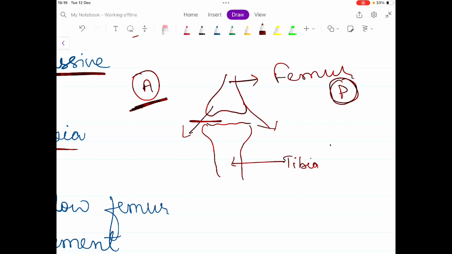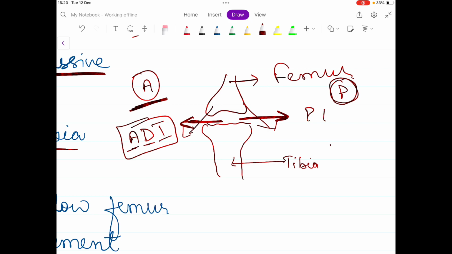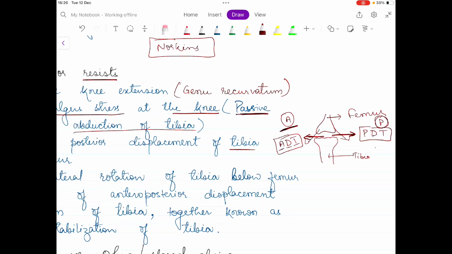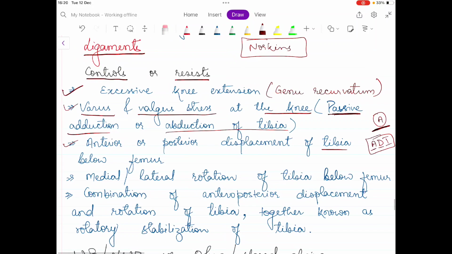If the tibia gets pushed anteriorly, that will be known as anterior displacement of the tibia, ADT. But if the same tibia is displaced in the posterior direction, that will be known as posterior displacement of the tibia. So who saves a tibia from anterior or posterior dislocation?